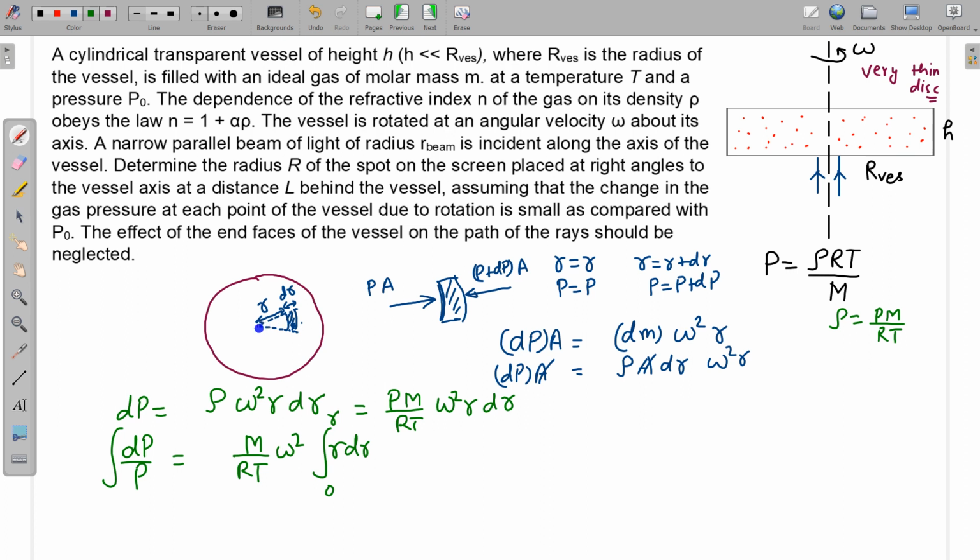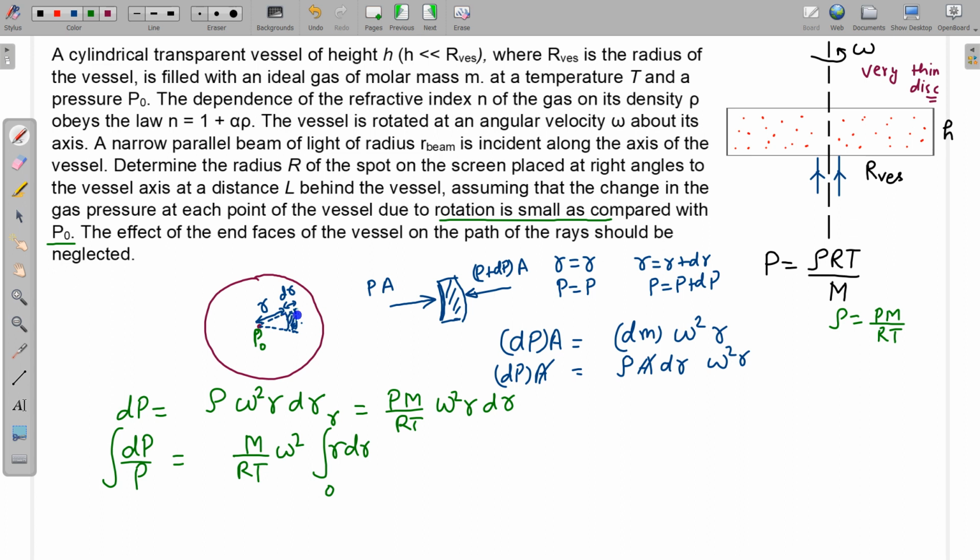At the axis, the pressure is still P naught, and pressure is not varying that much. Due to rotation the pressure is not varying that much, and the effect of rotation will be more at those points which are further away from the axis.